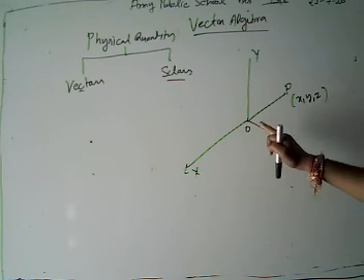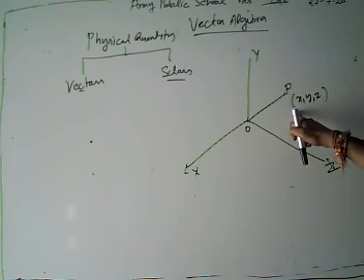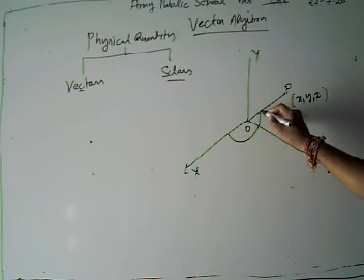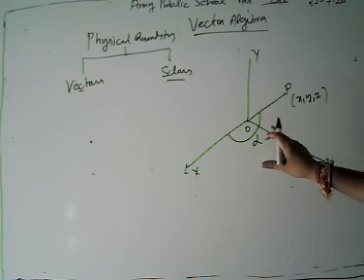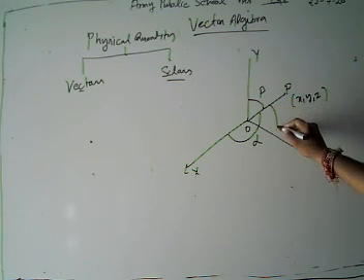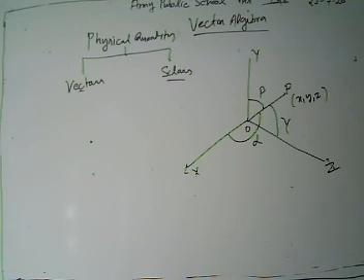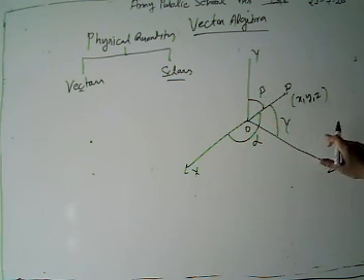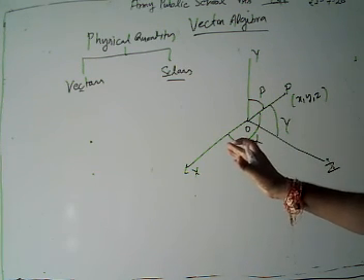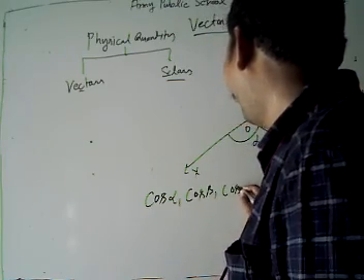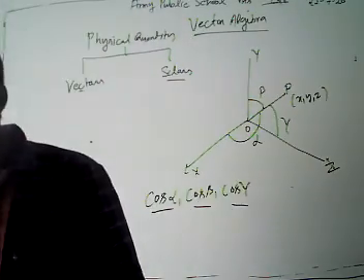Let alpha, beta and gamma be the angles that OP makes with OX, OY and OZ respectively: OP makes angle alpha with the x axis, angle beta with OY, and angle gamma with OZ. Then cos alpha, cos beta and cos gamma are called our direction cosines.